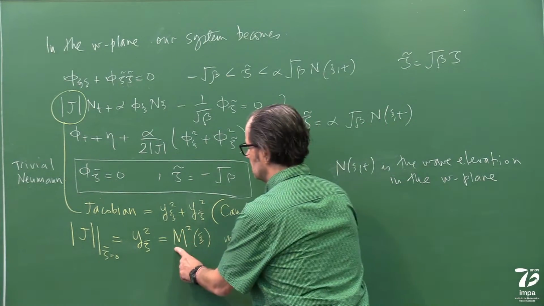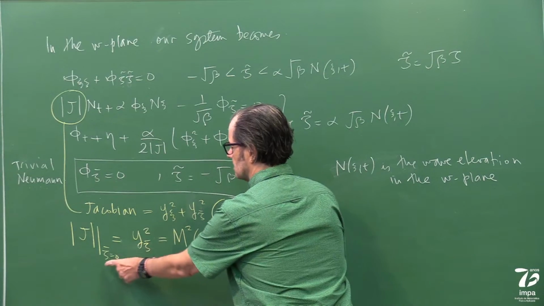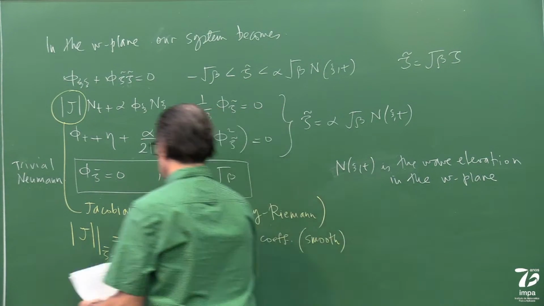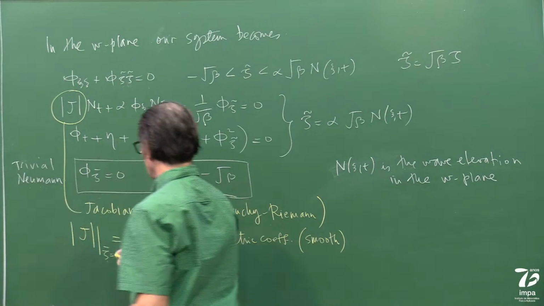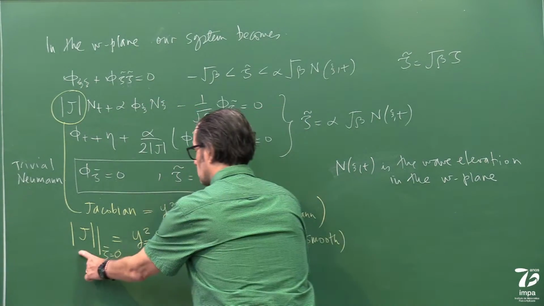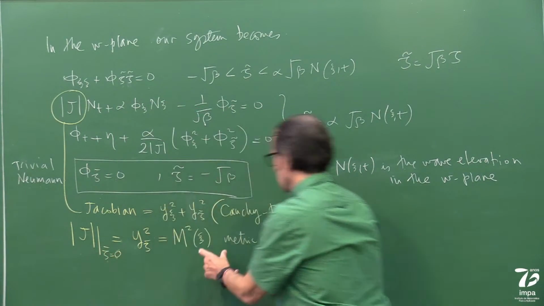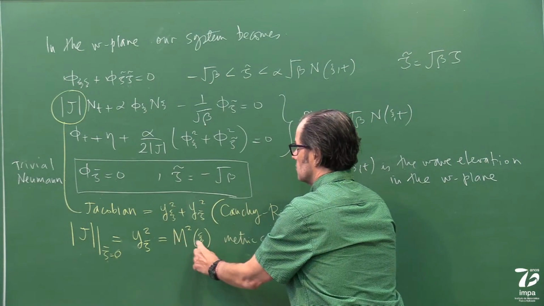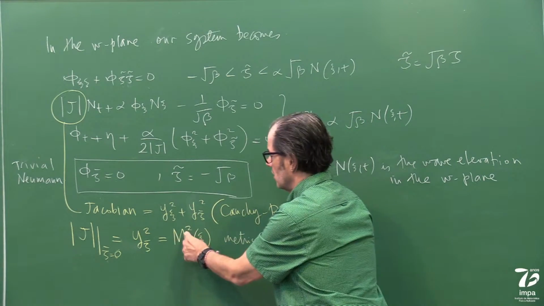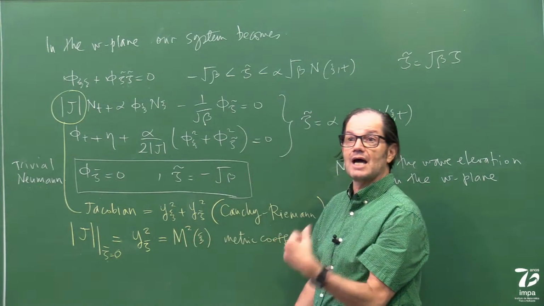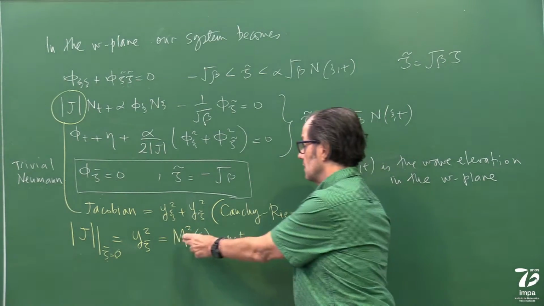And this m of xi, I'm just giving a name to this guy since it's evaluated at y equal to 0. So it only depends on xi. So the Jacobian only depends on xi. And I'm going to give it a name, m squared of xi. Why am I putting the square? Because of this square, and because the only guy that's going to appear in the next equation is the m of xi.